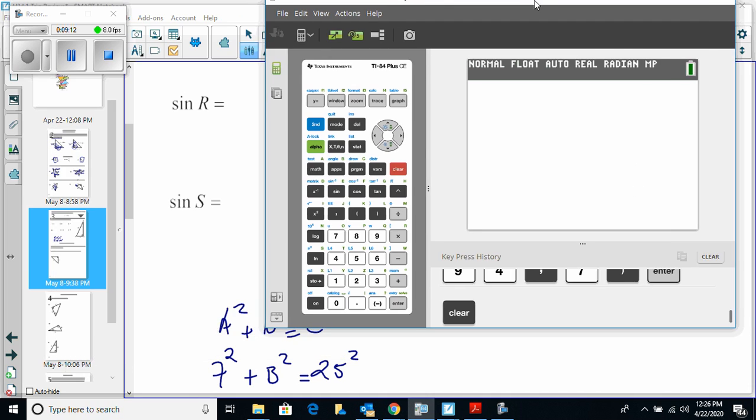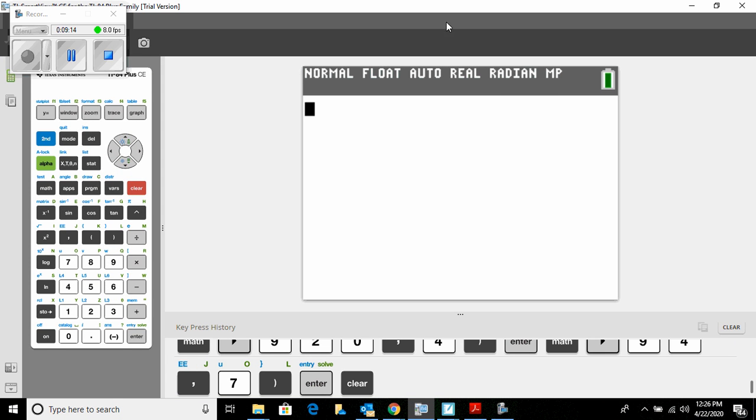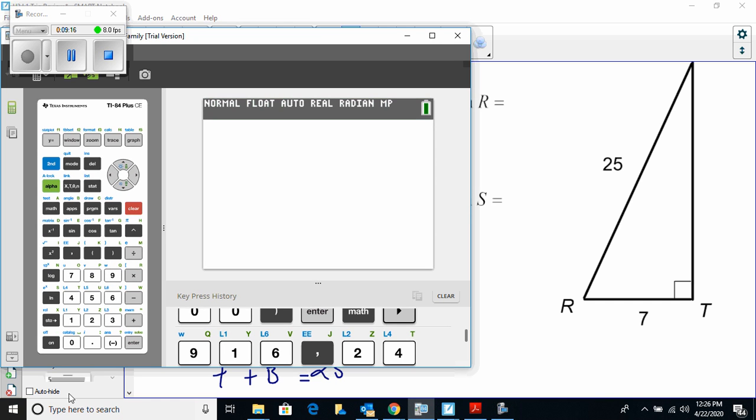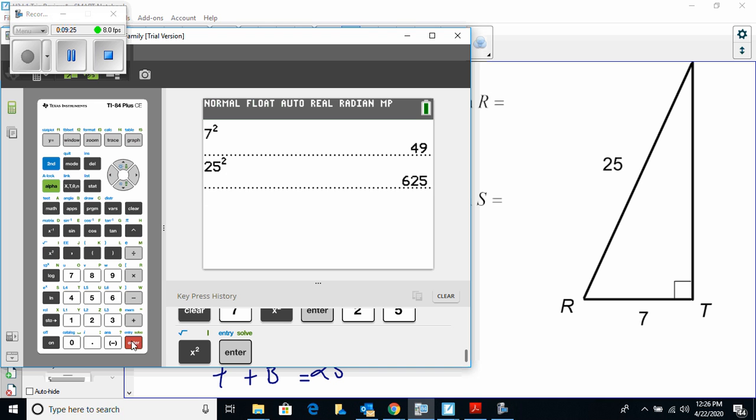So 7 squared is 49, and 25 squared is 625.